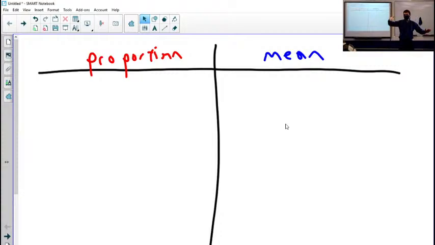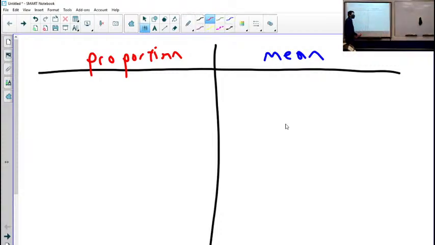That's how you know you're looking at proportions. Means, it'll probably say the mean and give you a way to get the standard deviation, or it'll give you a list of numbers like it did on the last one. So that's how you can get a clue as to whether you're working with means versus proportions.